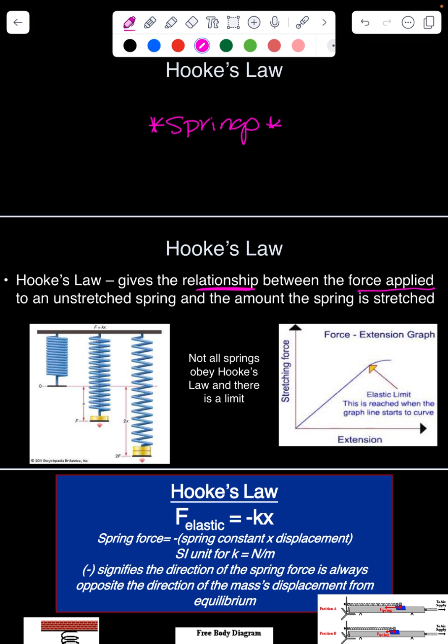If you overstretch a spring, it will no longer follow Hooke's law. It's said to have reached its elastic limit, and that's when it permanently deforms. If you have a slinky and you have overstretched it, you get that kind of space in there whenever it no longer returns to its original shape.